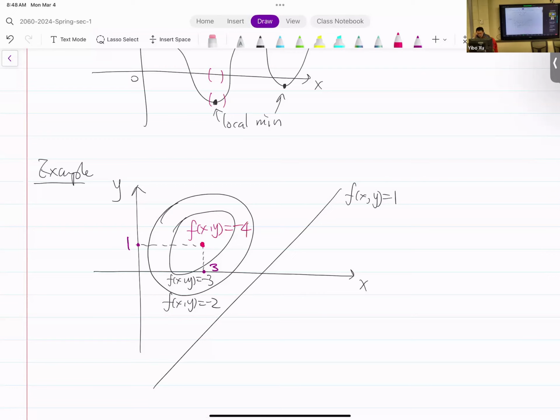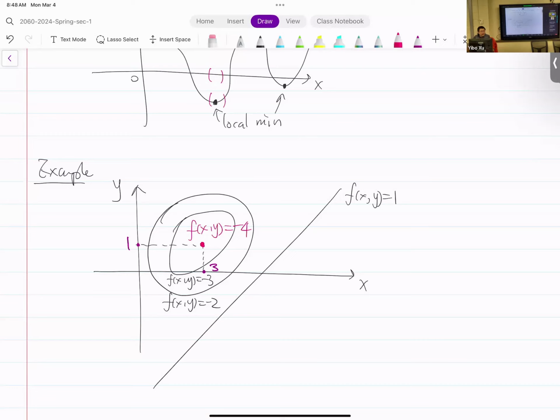Here, within these two contours, the output gets lower and lower, right? The outermost is -2. The inner one is -3. And we don't have a curve for -4 because now there's only one point.